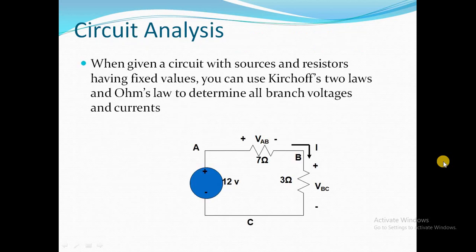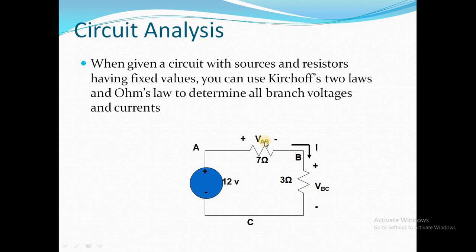When given a circuit with a source and resistors having fixed values, you can use Kirchhoff's two laws and Ohm's law to determine all the branch voltages and the currents. So here we have to apply the voltage law. KVL means all the voltages around this loop sum to 0. So the 12 volt source, VAB, VBC, the summation of all these voltages is equal to 0.